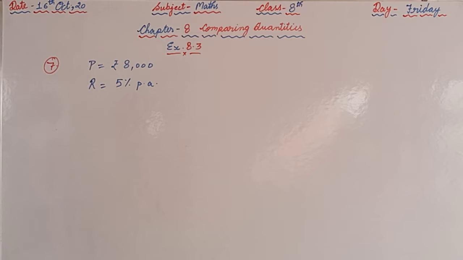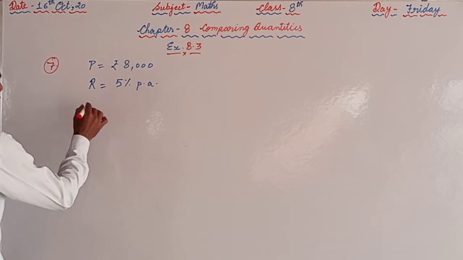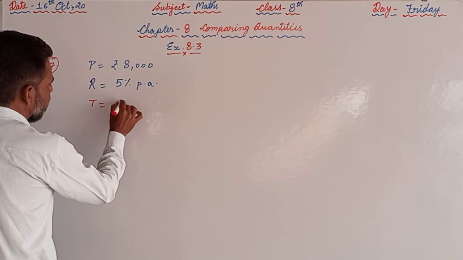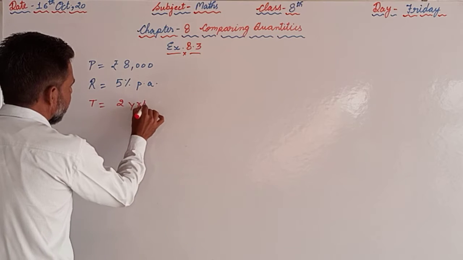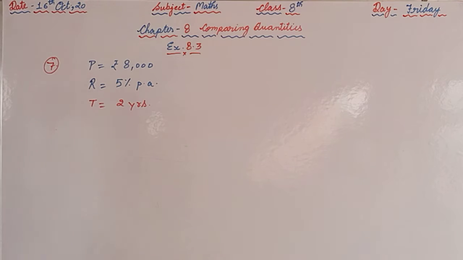We have to find first the amount at the end of second year. So first we are supposed to compute the amount at the end of second year when the interest is compounded annually.